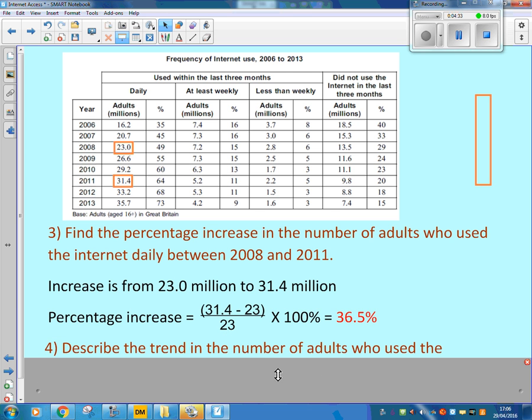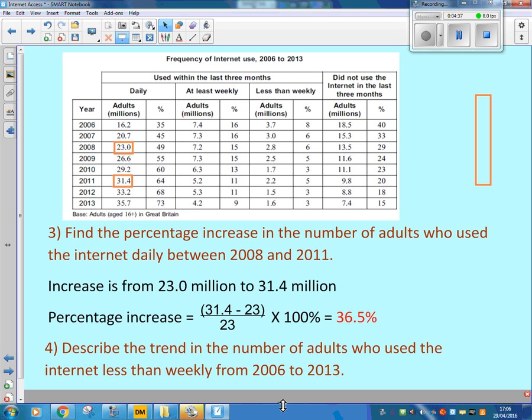Right, our next question. Describe the trend in the number of adults who used the internet less than weekly from 2006 to 2013. So let's look at less than weekly from 2006 to 2013, and let's look at the number of adults. Very quickly you can see that it goes down, and then it bounces around a bit.